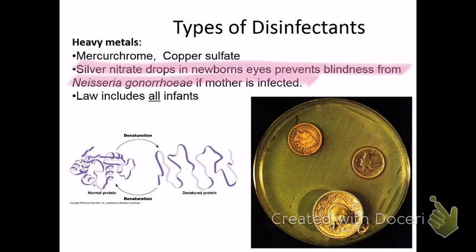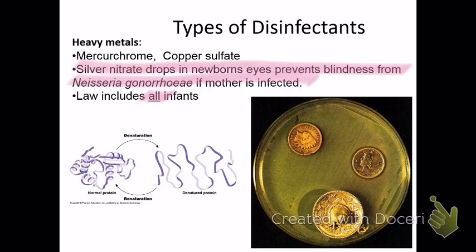If the mother has gonorrhea, when the baby comes through the vaginal canal, the gonorrhea organism can get in the baby's eyes and cause blindness. And so this is a federal law now that all babies have a disinfectant, initially silver nitrate, put into their eyes to prevent neonatal ophthalmia by gonorrhea, so newborn baby blindness.